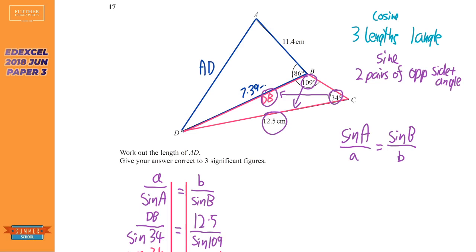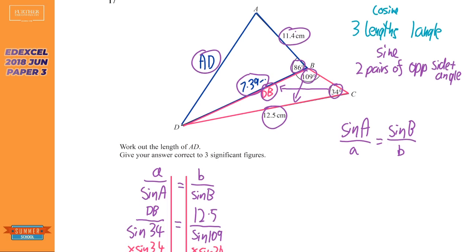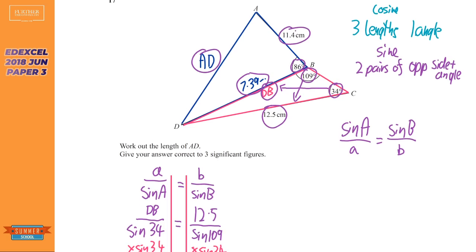But what we do have now is we have 3 lengths and 1 angle, which was the caveat of the cosine rule. So you need 3 lengths, 1 angle, one of them being unknown. Well, in this case, one of the lengths is unknown, so we've labelled it AD. Okay, so this is definitely the cosine rule.